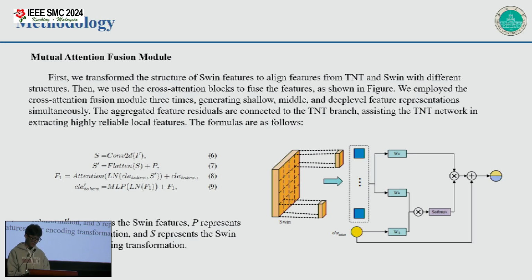Let's move on to the first module we proposed, the mutual attention fusion module. We transformed the structure of features. Then we used the cross attention blocks to fuse the features. As shown in the figure, we employed the cross attention fusion module 3 times, generating shallow, medial, and deep level feature representations simultaneously.